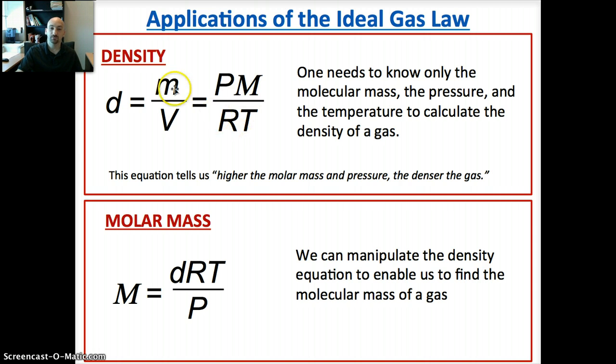We can manipulate this equation and solve for the molar mass, which is equal to density times RT over P. And so that allows us to calculate the molecular mass of the gas if we have the density and the pressure and the temperature.